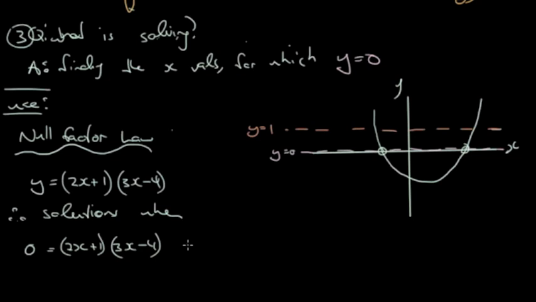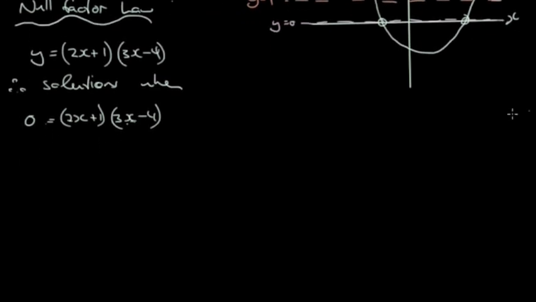Now the null factor law says that basically if this equals 0, then we've got 0 times something equals 0. Great. Or if this equals 0, then we've got something times 0, which is 0. Great.